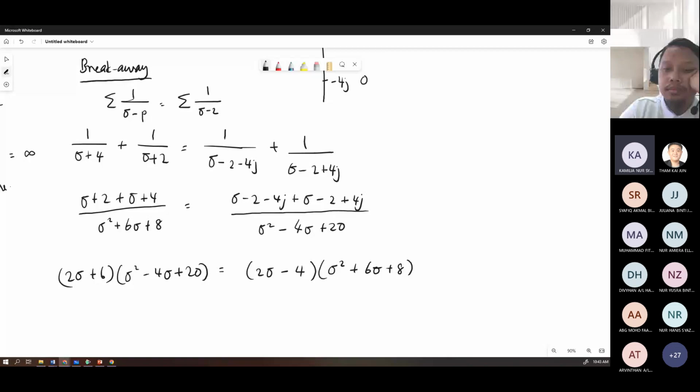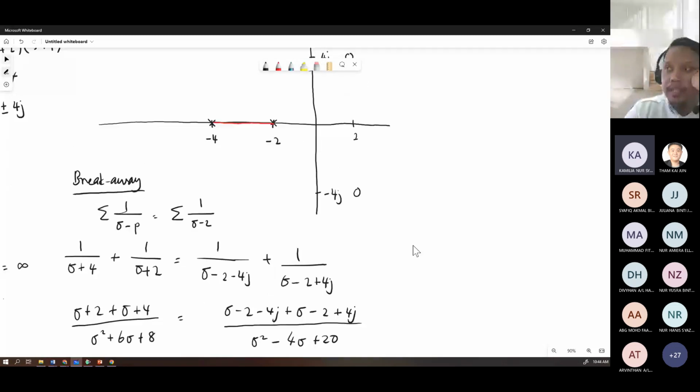Okay, so we get sigma equals minus 2.88, 5.28, and sketch this on the S-plane.